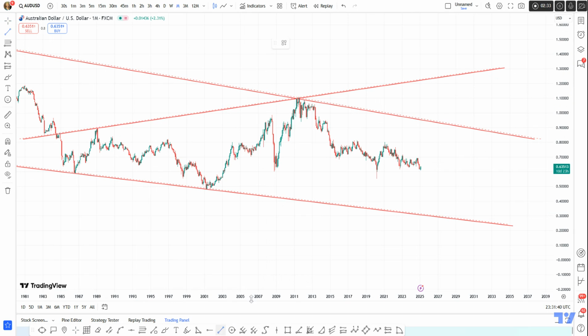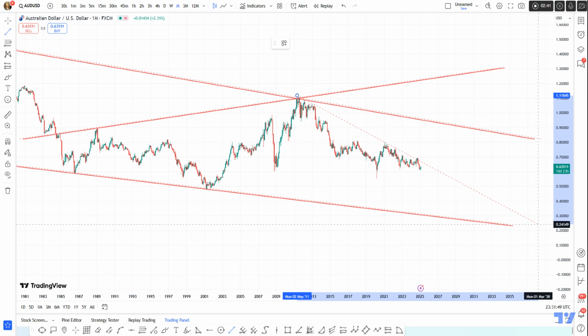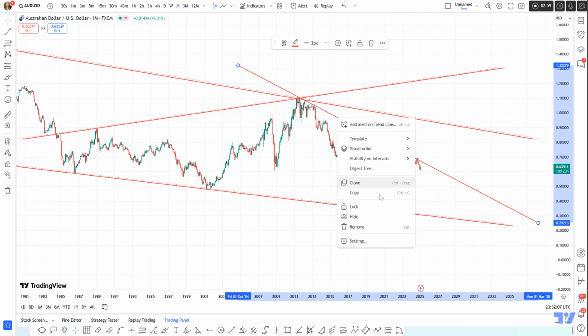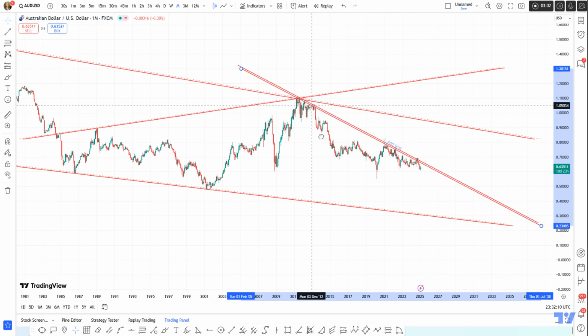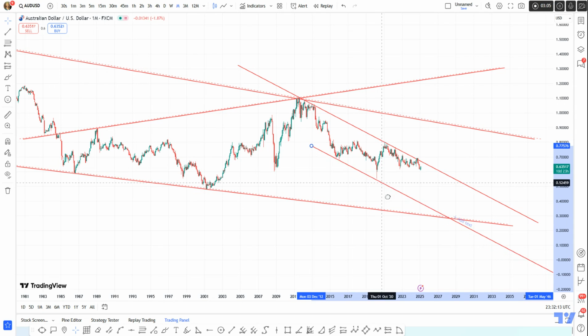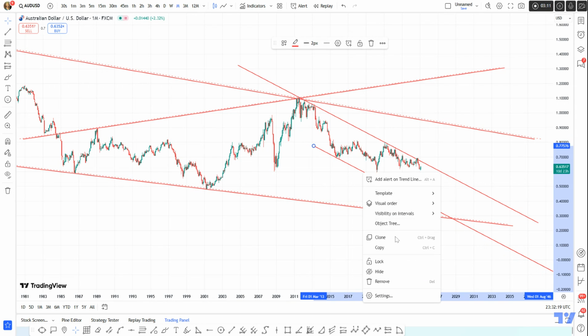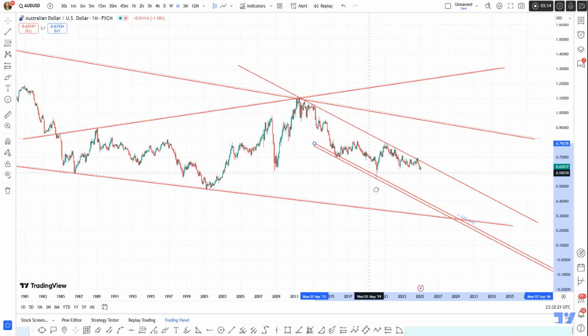Now, after that, price created another descending trend line on a monthly time frame. So I want to clone this structure to see the potency of the structure. Correct, that's valid, so I can call it a psychological descending trend line.